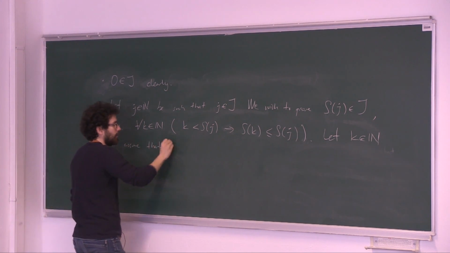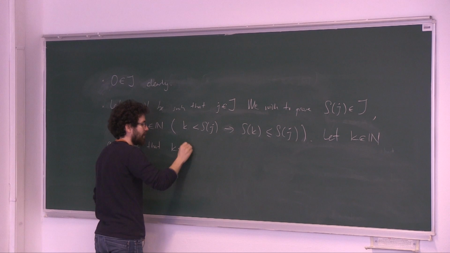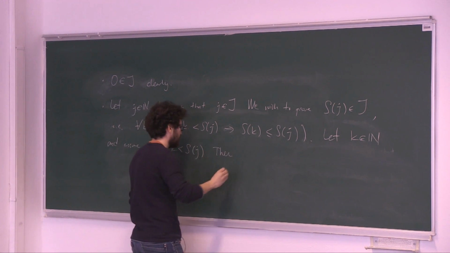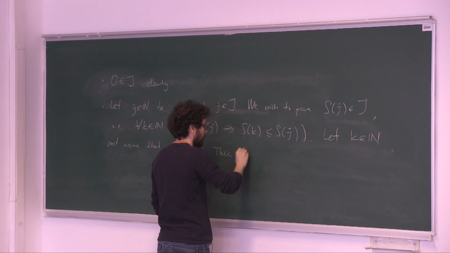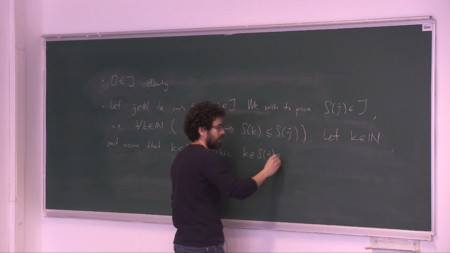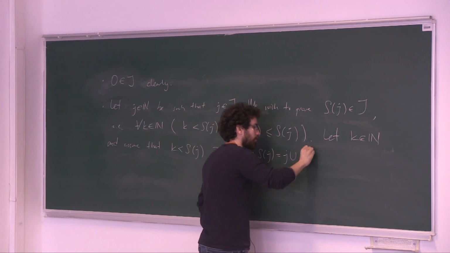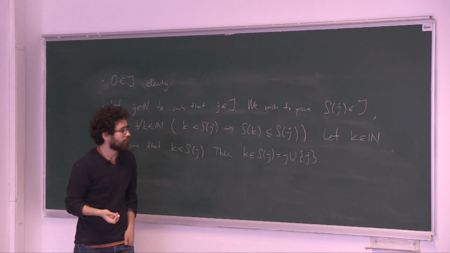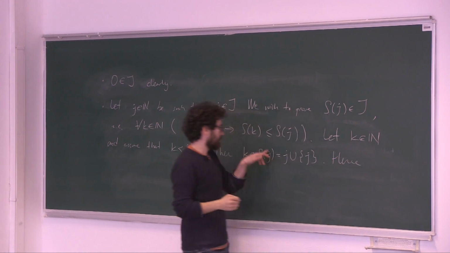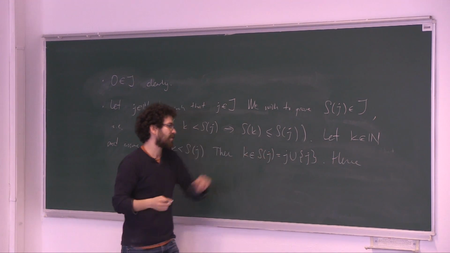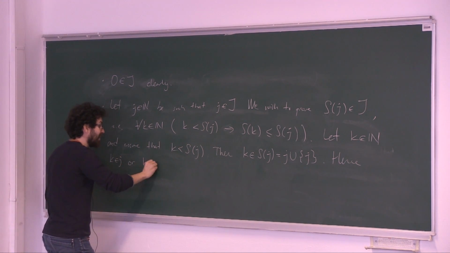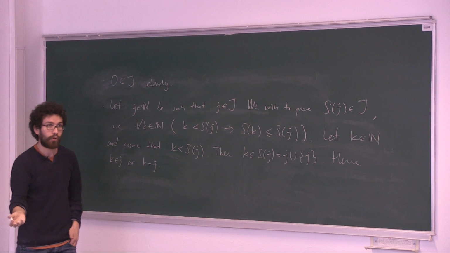Now, let K be a natural number and assume that this premise is satisfied. Then K is a member of the successor of J, which is J union the singleton containing J. Hence, there are two things that can happen. Either K is in J, or K equals J. Okay?